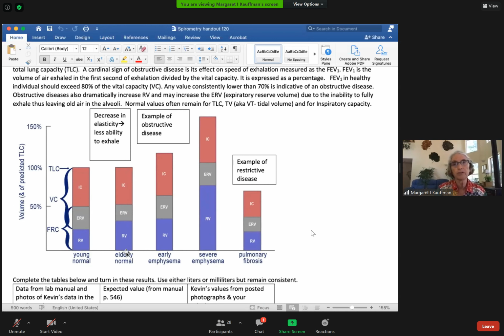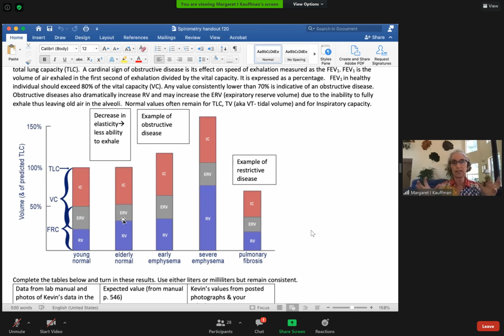As you get older, just like in your blood vessels and your skin, elasticity decreases. So you don't see a big difference, maybe a slight difference in the total lung capacity, but what happens is that they're unable to expire as efficiently.